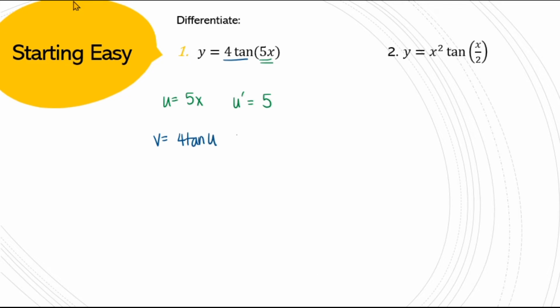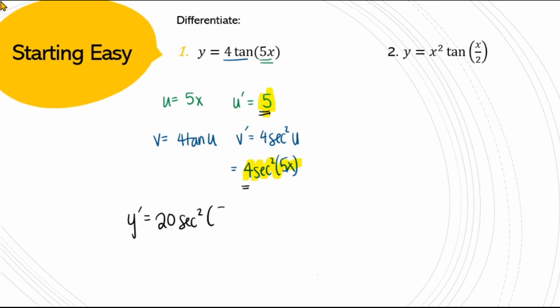So we know that the derivative of that, we now know, is going to be 4 secant squared u, which is the same as 4 times secant squared of 5x. In order to build the total derivative, y prime, we pick up all the little pieces, and we get y prime is equal to 5 times 4, 20, onto secant squared 5x.